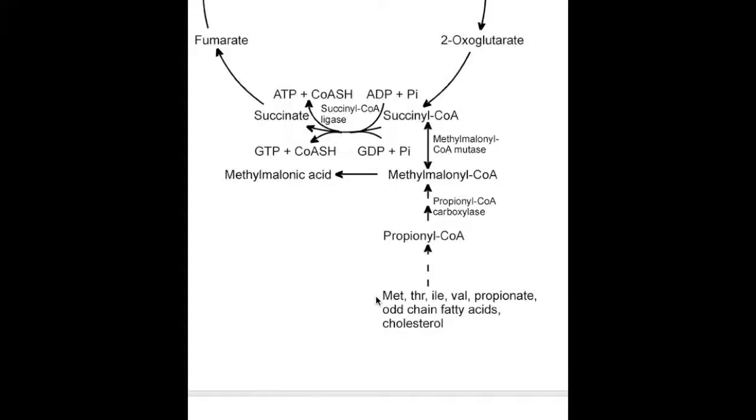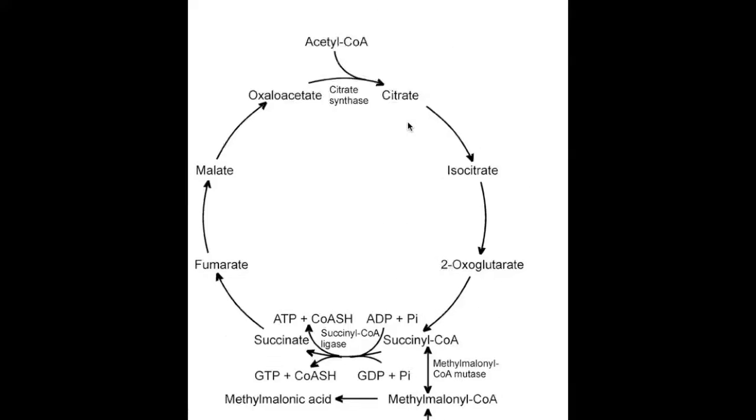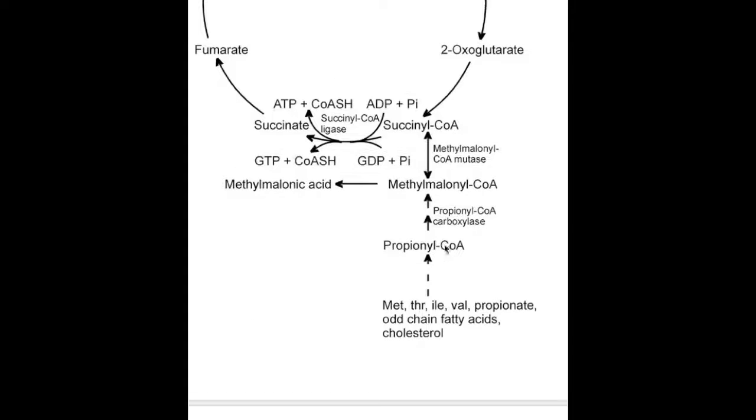Here is propionyl-CoA, methylmalonyl-CoA converted to succinyl-CoA to join the TCA cycle, and a deficiency leads to excess methylmalonyl-CoA that leads to methylmalonyl aciduria.